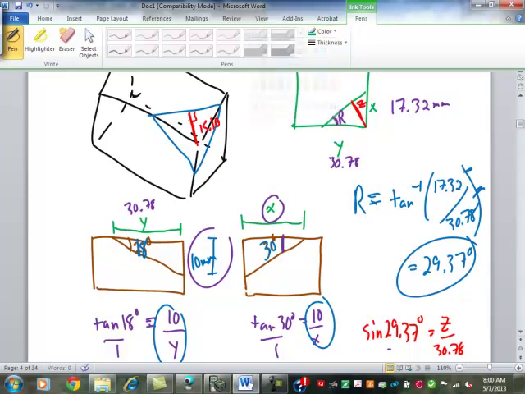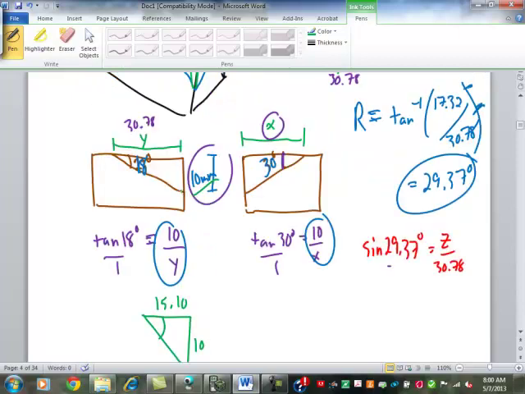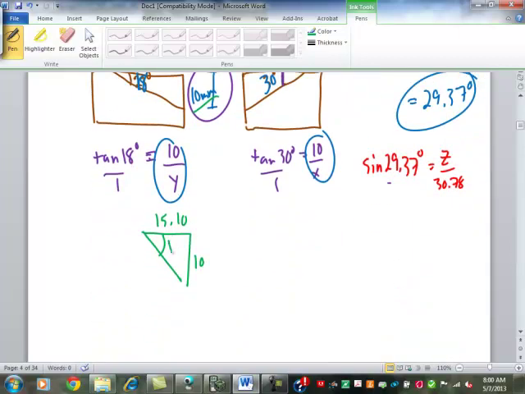And now our angle of tilt is this angle right here. That angle involves this dimension we just found, this depth of 10 millimeters. This is 10, this is the 15.10 that we just found, and this is our angle of tilt.